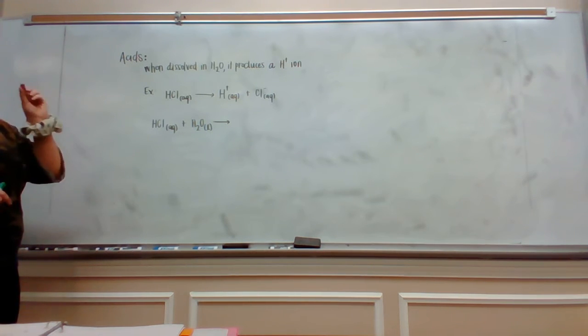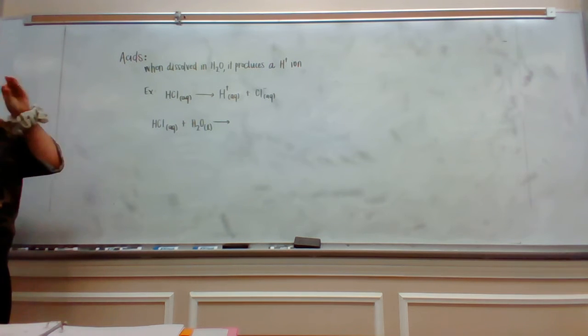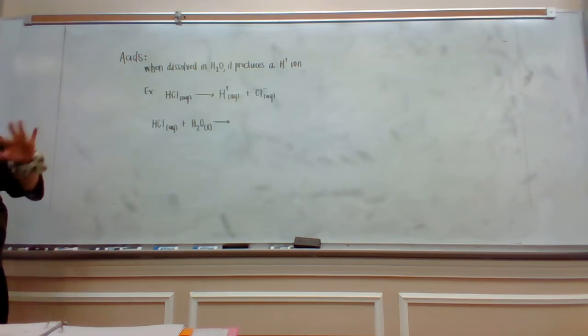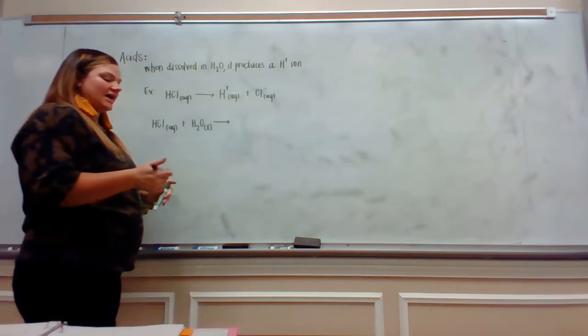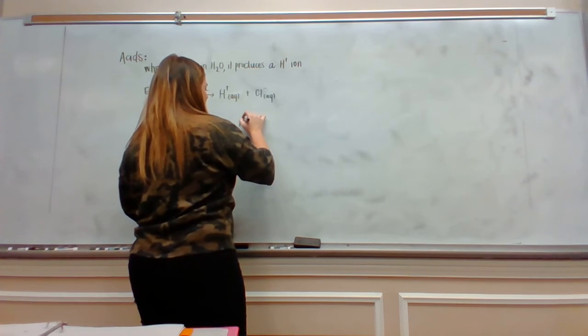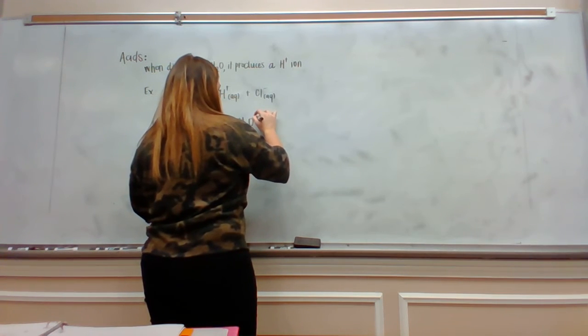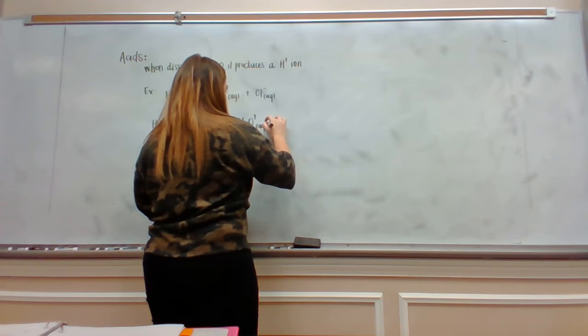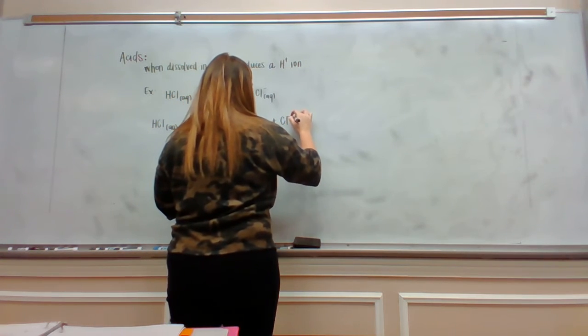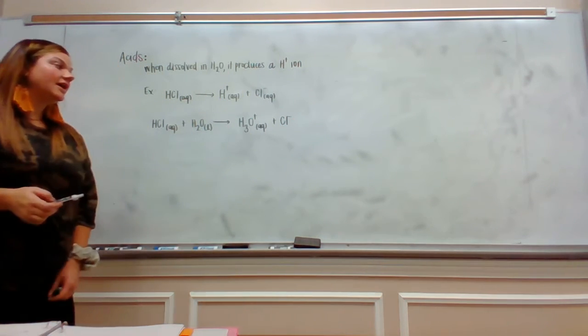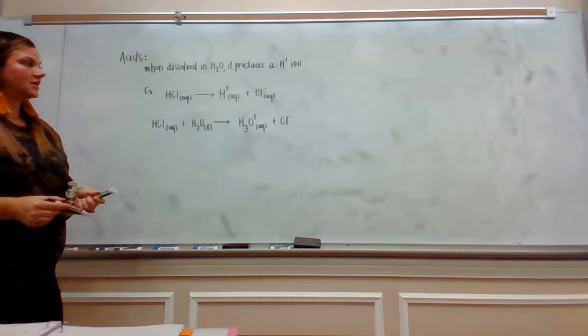And when you go to the product side, instead of this H plus just floating around by itself, it actually combines with water to form what is called the hydronium ion, H3O plus.